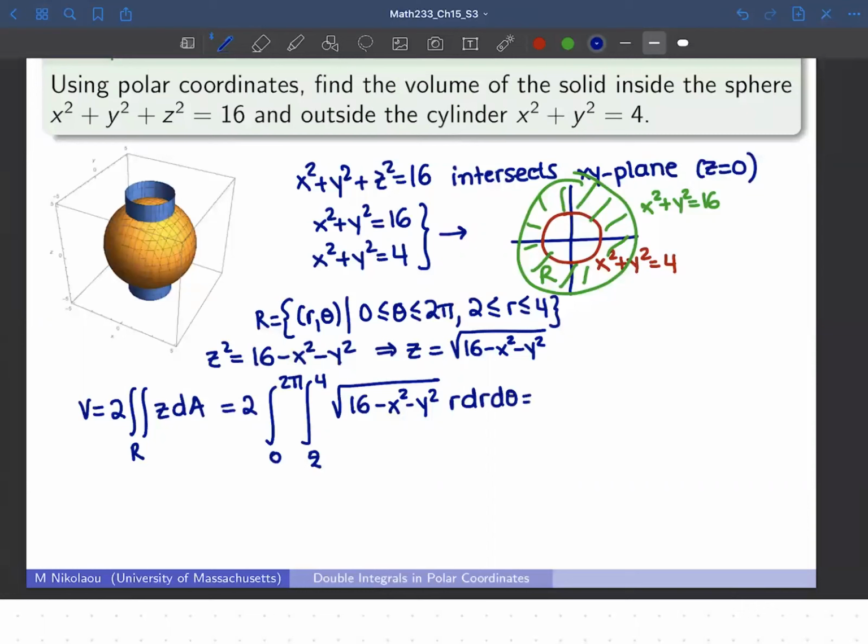Now 16 minus x squared minus y squared is 16 minus r squared. So we'll have the square root of 16 minus r squared times r dr d theta.